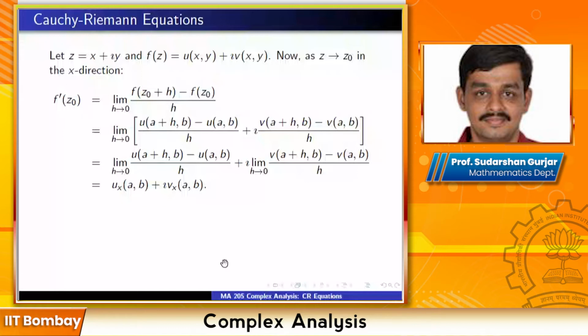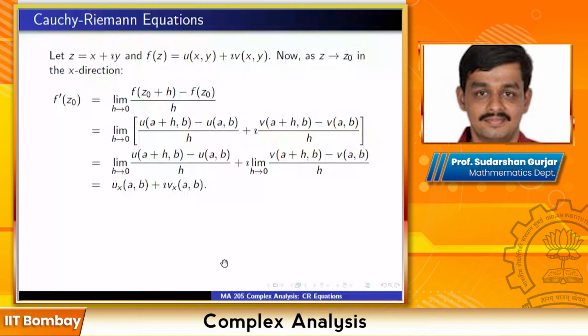So this is the limit of (u(a plus h, b) minus u(a, b)) upon h, plus i times the limit of (v(a plus h, b) minus v(a, b)) upon h. But by definition, the first one is the partial derivative of u with respect to x at (a, b), and the second is the partial derivative of v with respect to x at (a, b). So it is ux at (a, b) plus i times vx at (a, b).